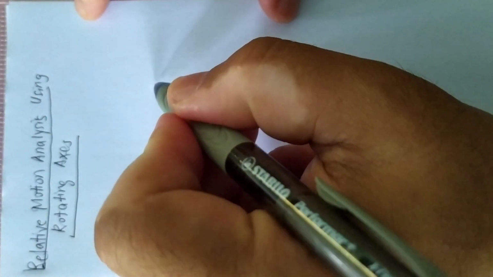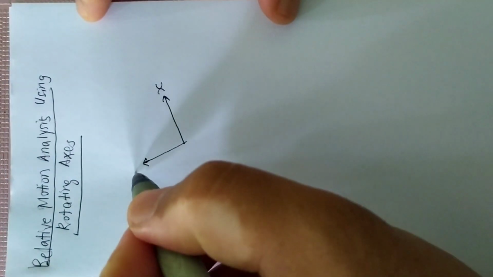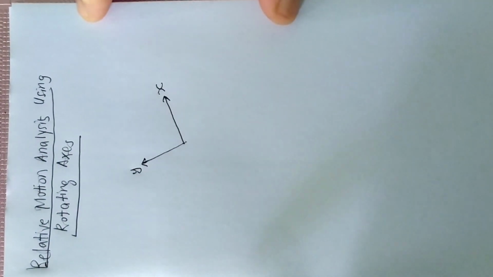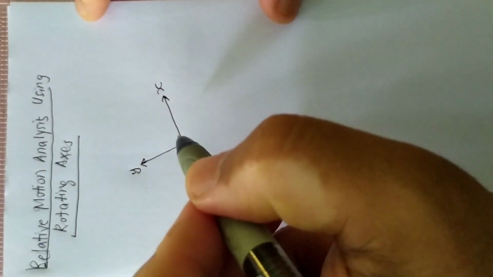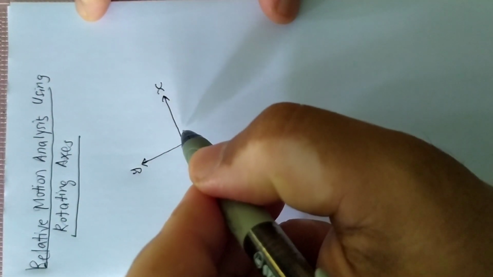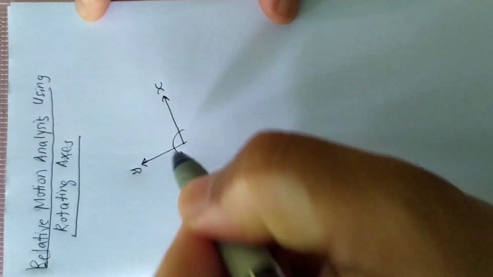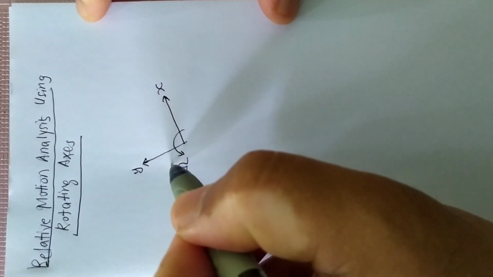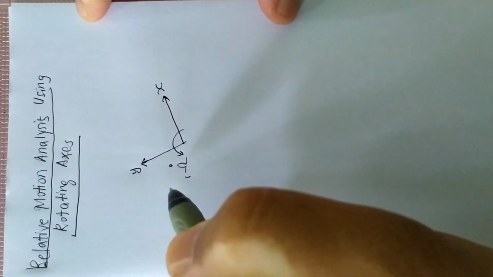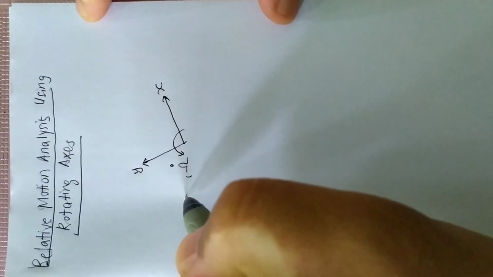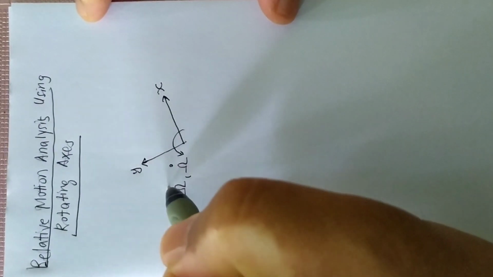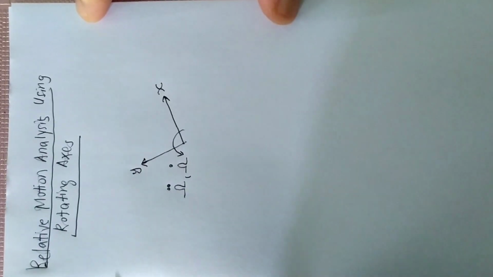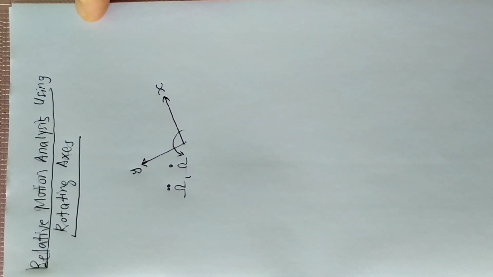Axis x is horizontal and axis y is vertical, and this axis is rotating with angular velocity omega, and also accelerating at angular acceleration omega dot.